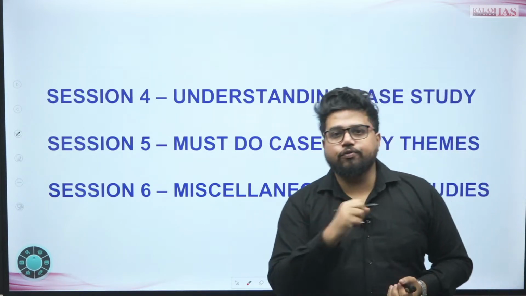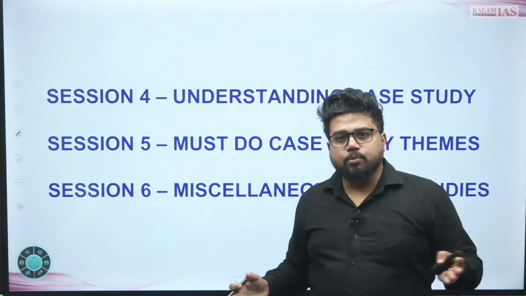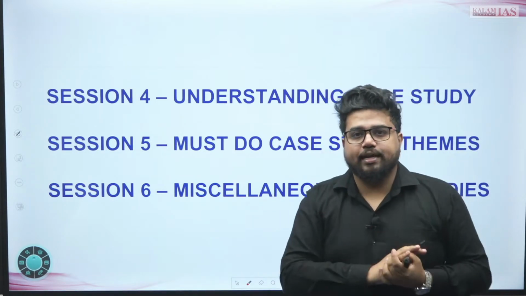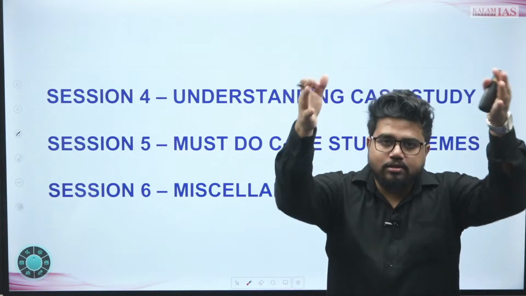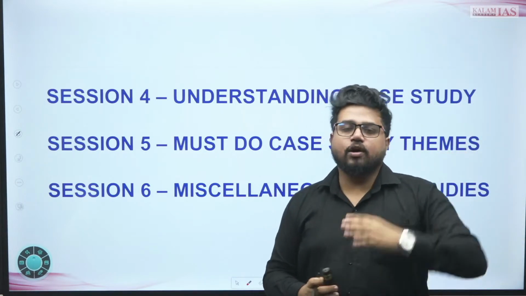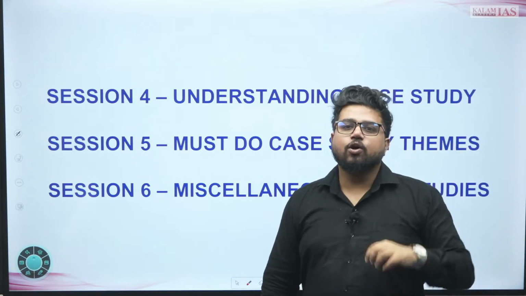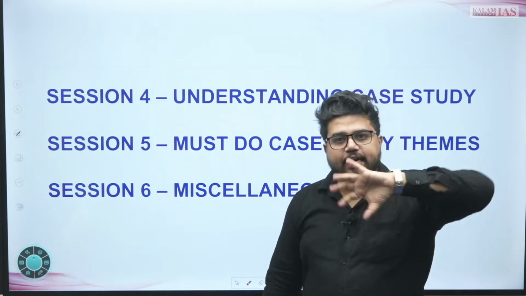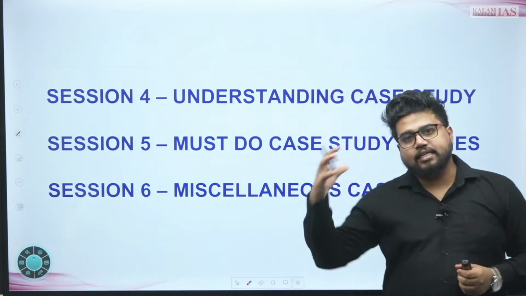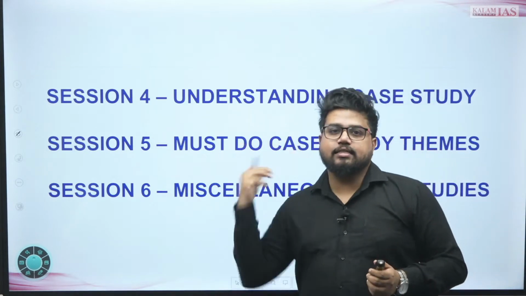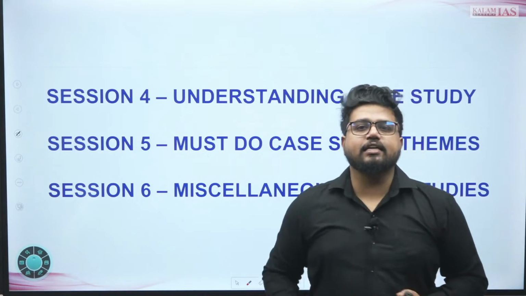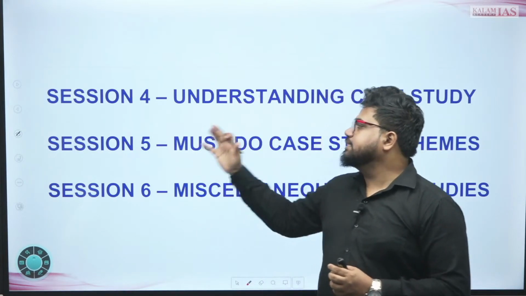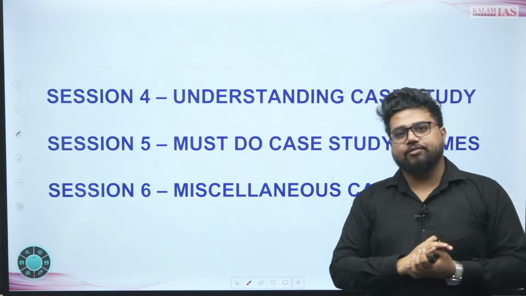What I want all of you to do is go through workbook 7, make it a standard model. It itself contains all the different elements of the case study. What should you write in the ethical issues? What are the standard arguments you should not miss out? What kind of options you should generate? What kind of best option you should take? What reasoning can you give for this? Everything is covered in standard format in this workbook 7.